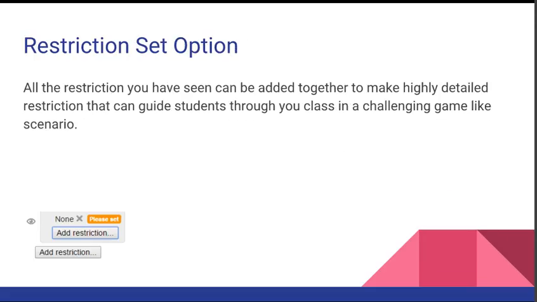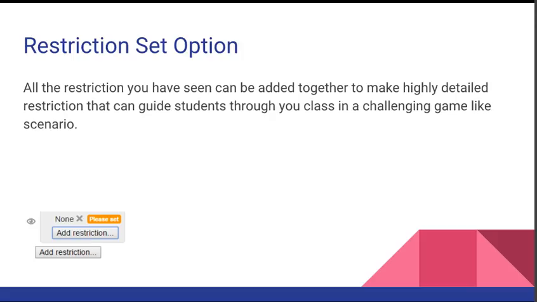Now the restriction set is a really, really good one in that you can have specific criteria. All the ones that I listed out before this, you can actually add in a set of restrictions.